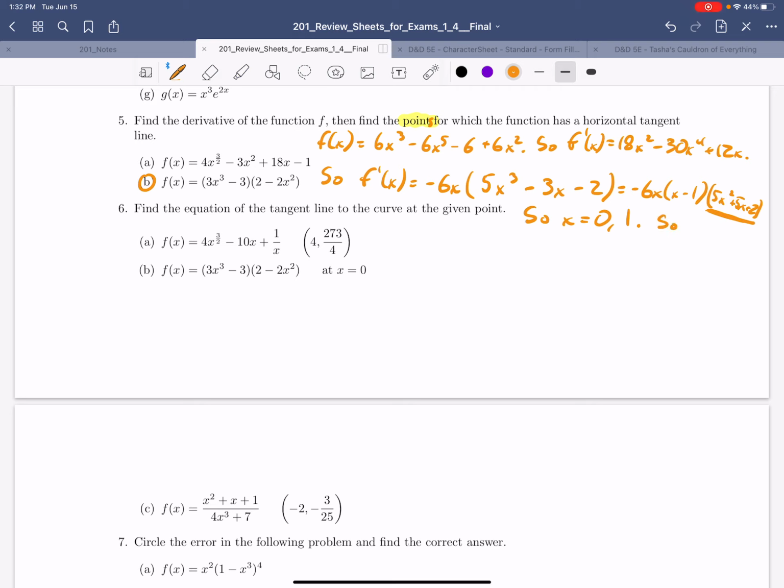So f has a horizontal tangent line at the points 0, comma, let's see what happens if we plug 0 in for f right here. I think it's going to give us negative 6. And if we plug in 1, we're going to get 0.